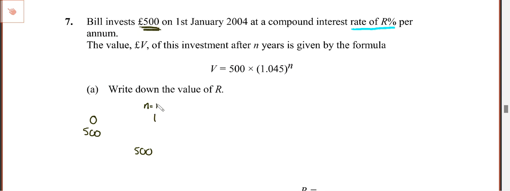So when n equals 1, we would do 500 times 1.045 to the power of 1. What do you get? 522.5.